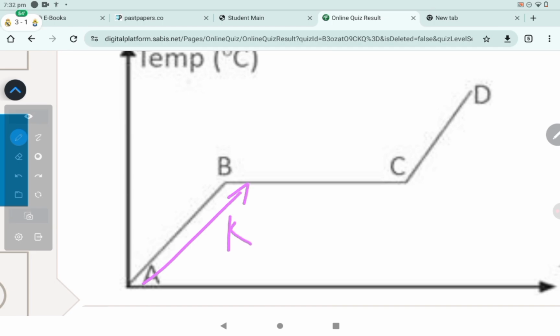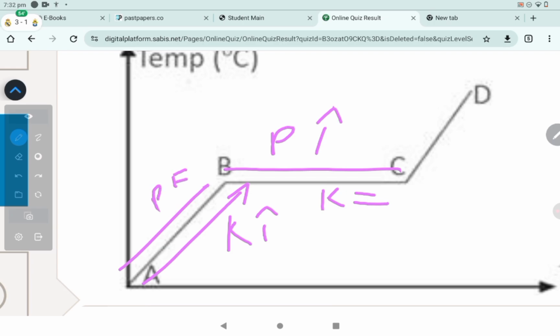And when kinetic energy increases, the potential energy doesn't change, it remains the same. But here the temperature remains the same, so kinetic energy is going to stay the same. But potential energy is going to increase.